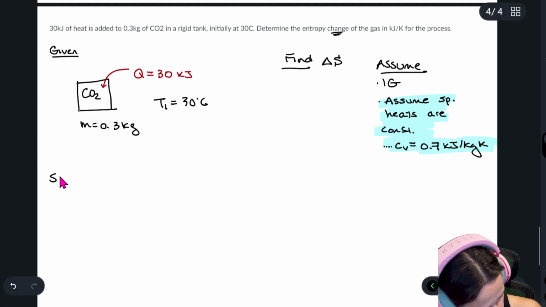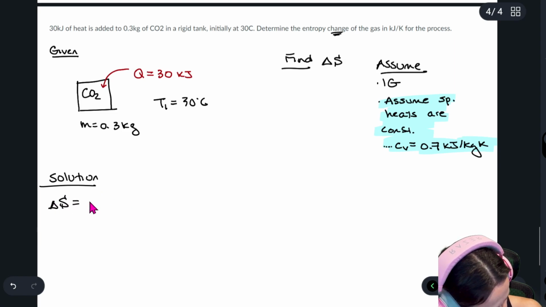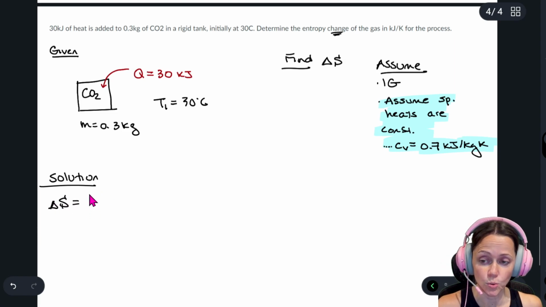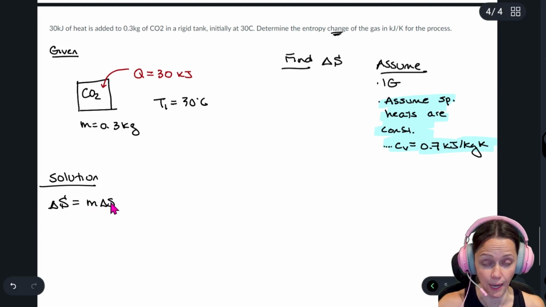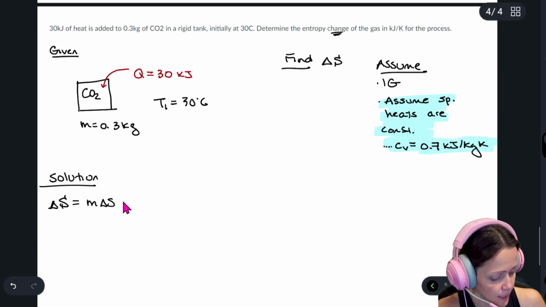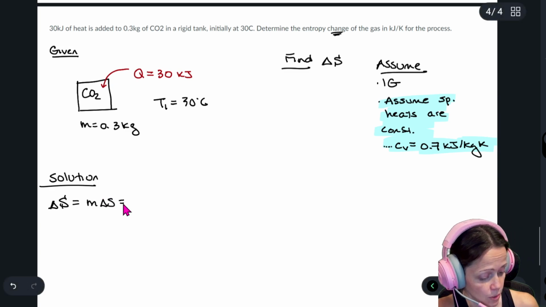All right, to figure out how we are going to get our change in entropy: delta big S is m delta little s. We have the mass, that's our 0.3 kilograms. And then we do have an equation we can use.